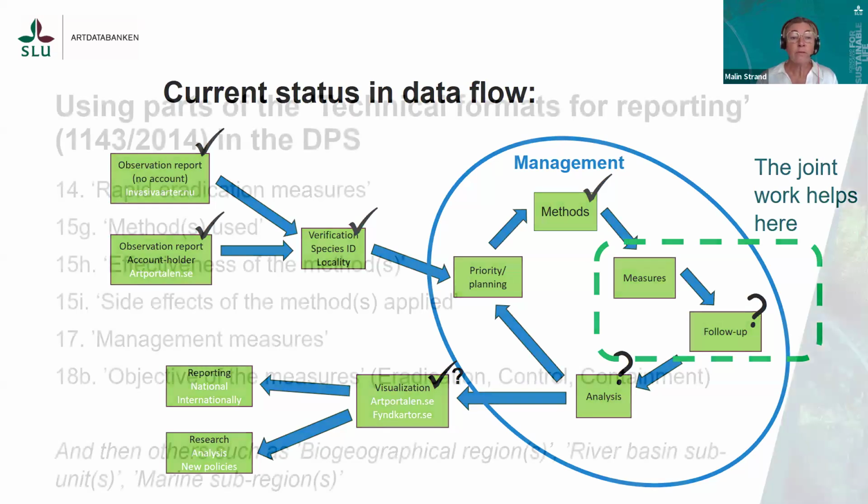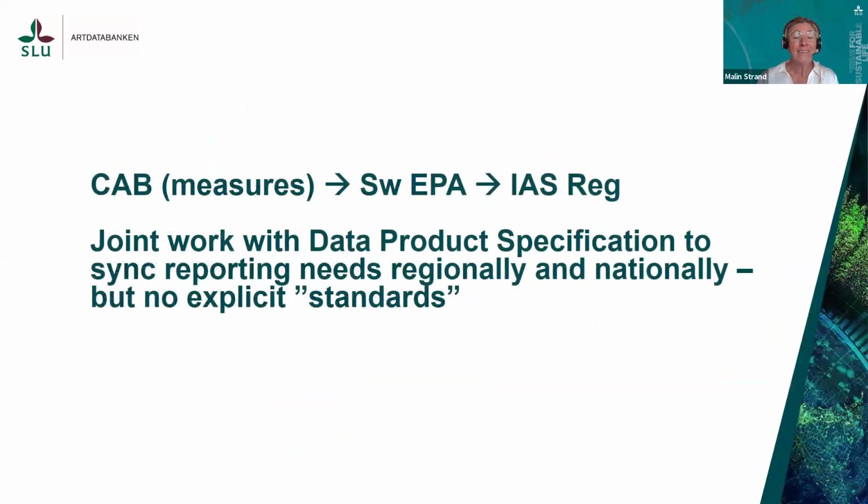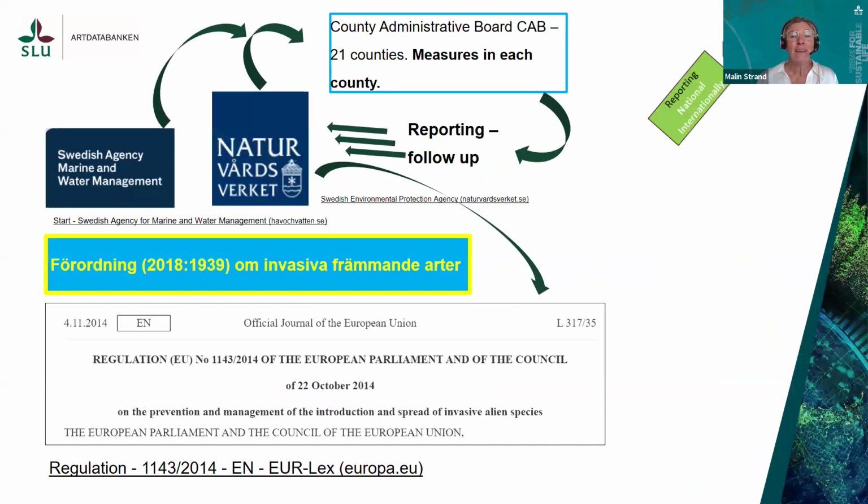Yes, we try to. So they are here, the 21 counties. They are the ones out in the field, and then they can have a subscription for their county on certain species. So if there's a report of an occurrence in their county, they can get that knowledge rapidly.